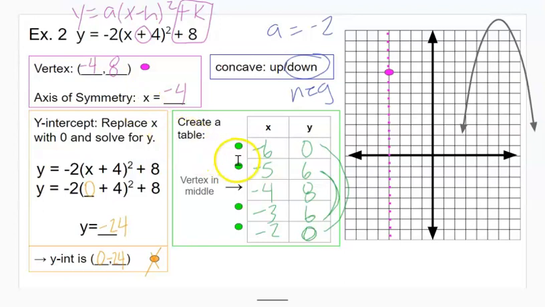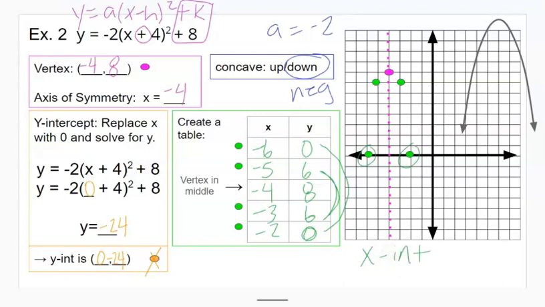So then we can plot those points on our graph. Negative 6, 0, negative 5, 6, negative 3, 6, and negative 2, 0. So then it did end up being that these two values, negative 6, 0 and negative 2, 0, ended up being our x-intercepts.